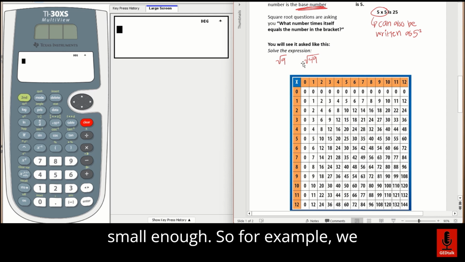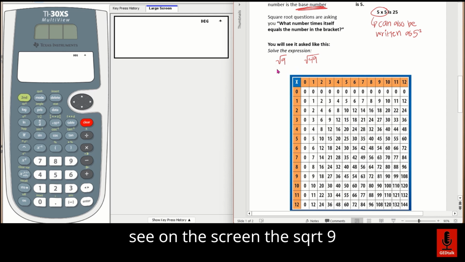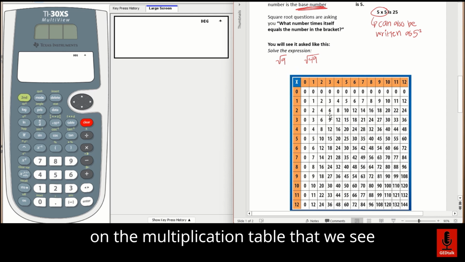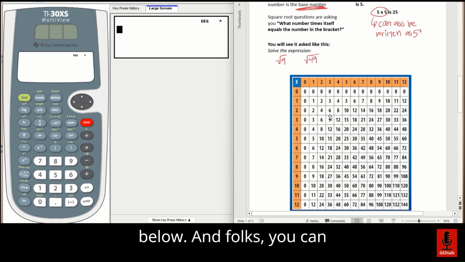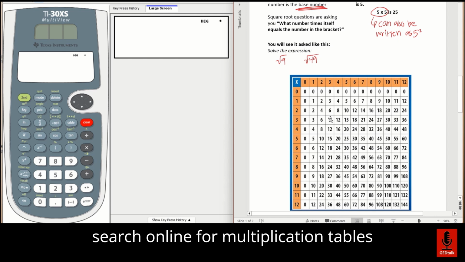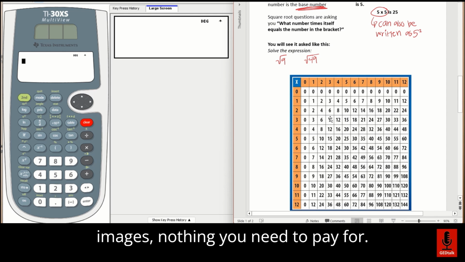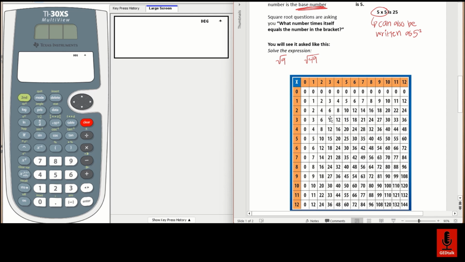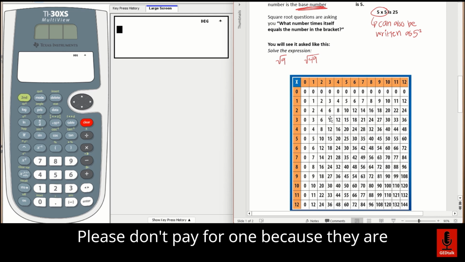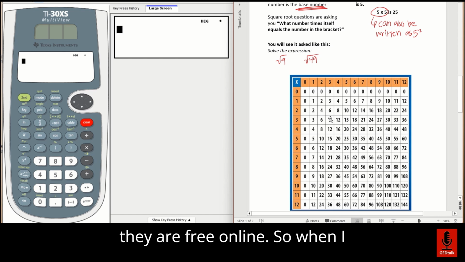For example, we see on the screen the square root of 9 on the multiplication table that we see below. And folks, you can search online for multiplication tables and you will find many images, nothing you need to pay for. Please don't pay for one because they are free online.